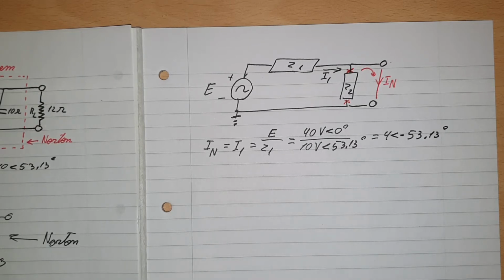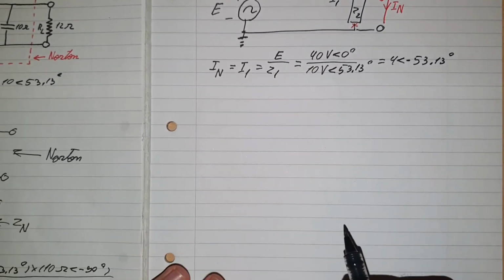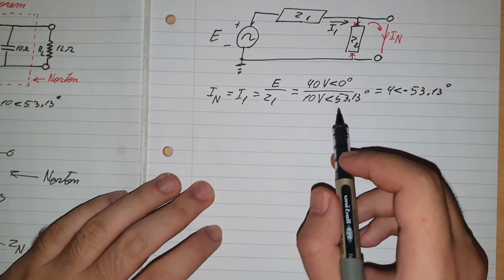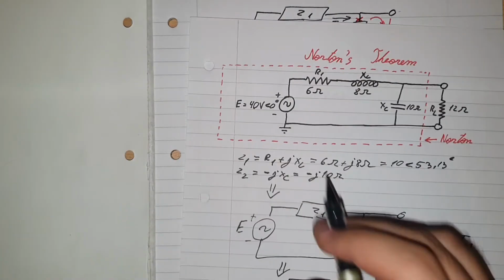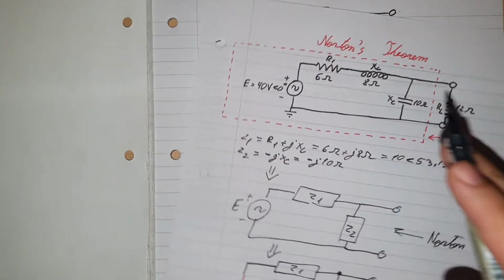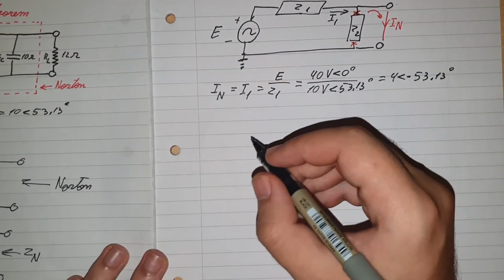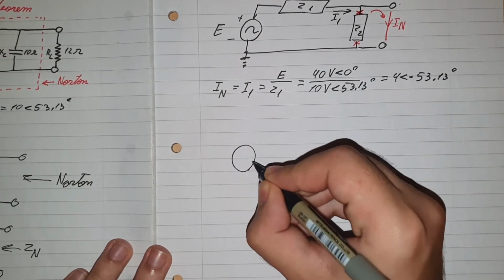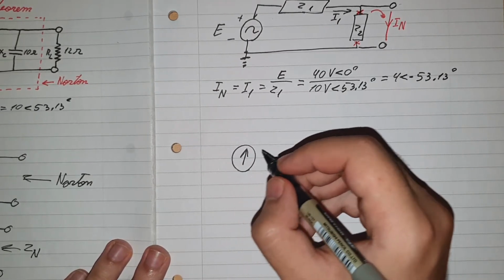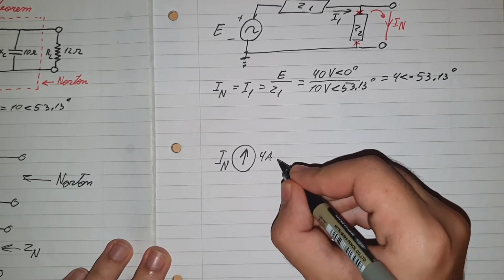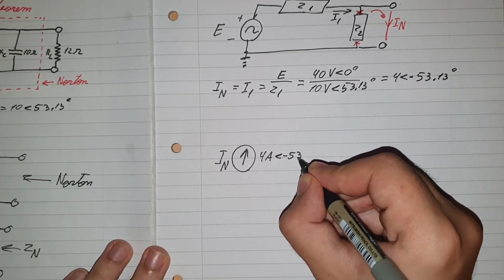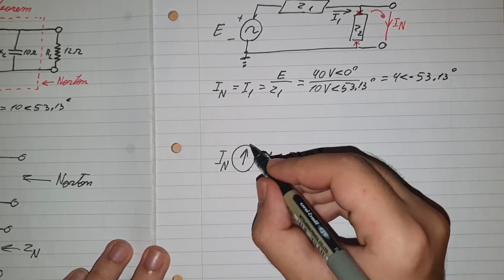Now the last step that we have to do, and it's kind of an optional step, but it doesn't really make sense for you to not do this step, is to simply redraw the circuit with the IN values. So now, instead of using a voltage value, we are going to use a current value. So the current source will be I, and that will be of 4 amps at an angle of minus 53.13 degrees.